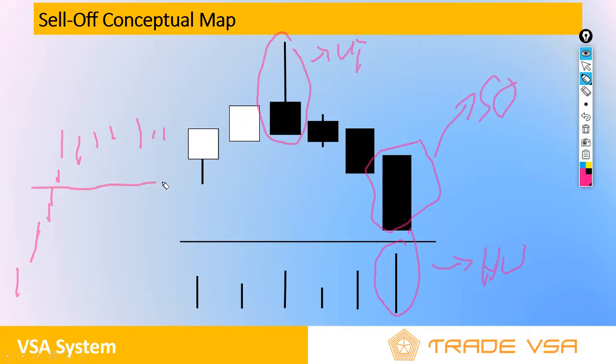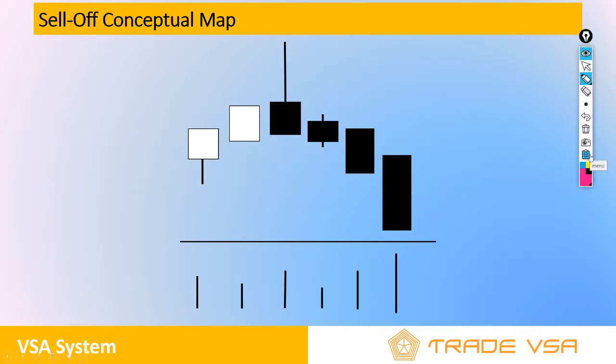It will break through this support level. This is the indication of the beginning of stage 4 and the end of stage 3. This is the conceptual map for a sell-off.